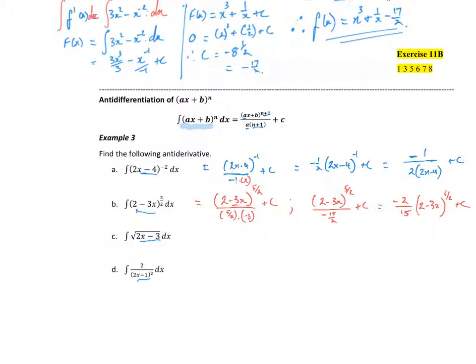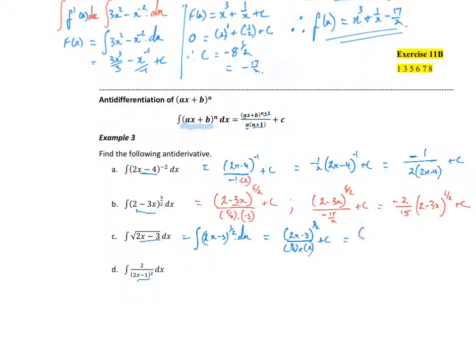C, let's rewrite it initially as the power, so it's 2x minus 3 to the power of a half with respect to x equal to 2x minus 3, add 1 to the power, so that's the 3 on 2, divide by the power, which is 3 on 2, times the coefficient of x, which is 2, plus some c.